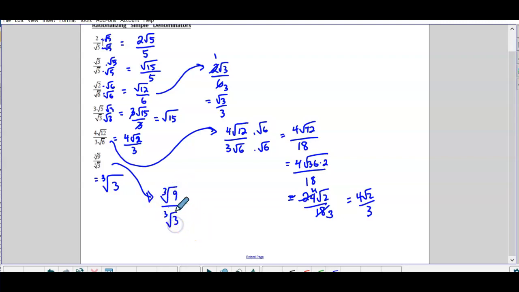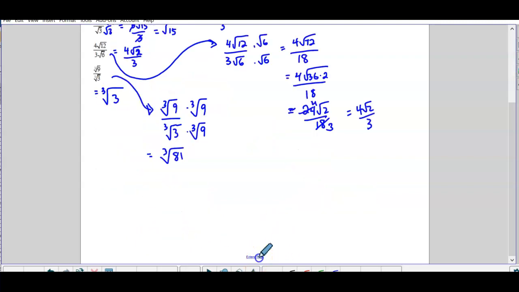If you didn't notice that, how do we rationalize this to get a perfect cube in the radicand? Well, we would have to multiply by cube root of 9. Then we'd have cube root of 81 in the numerator and cube root of 27, which is 3, in the denominator.